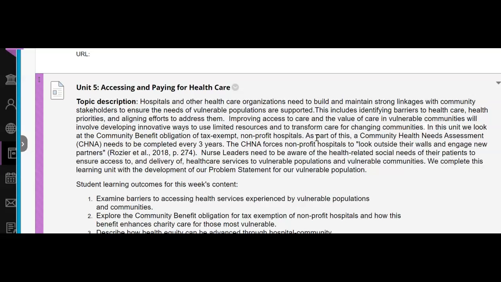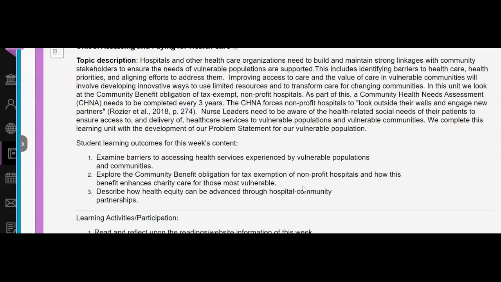So we're going to complete this learning unit with the development of our problem statement for our vulnerable population. This week is extended because we have the Thanksgiving holiday coming up. So it's actually a longer week, which I hope will allow you to really spend some time with the readings and complete your learning activities.